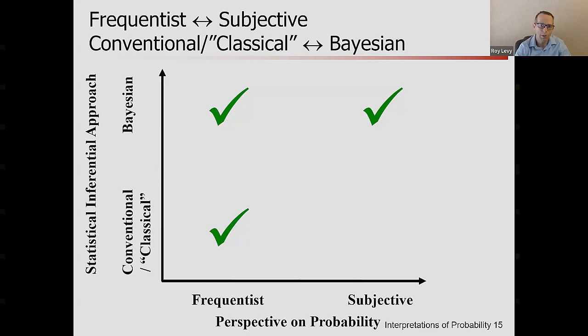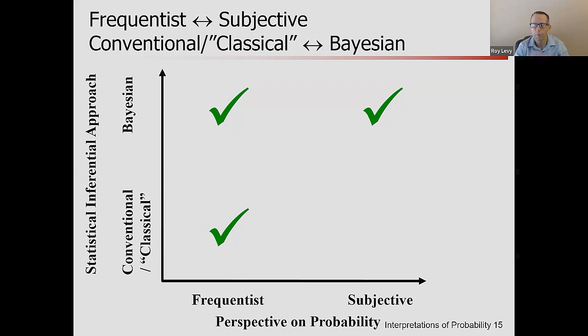A Bayesian approach to inference can be employed even when you as the analyst are using a frequentist view of probability. That is, there are people out there who say the meaning of probability is what is the long-run stabilizing relative frequency over many repeated events.